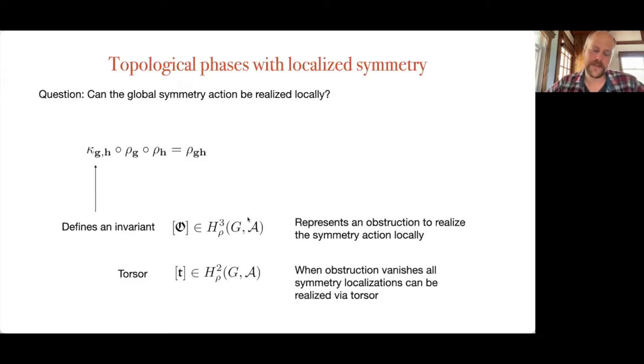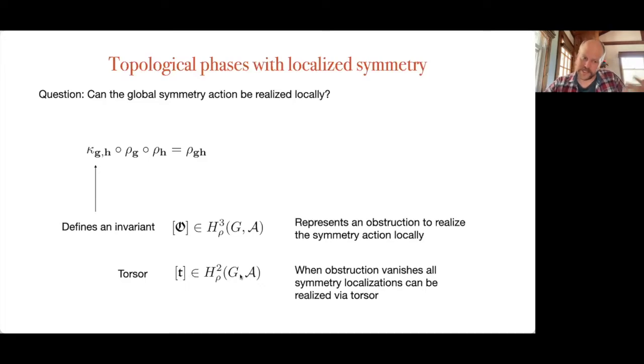So when this obstruction vanishes, meaning when O is trivial in H3, or when O is a co-boundary, then we can find all other ways in which the symmetry fractionalizes on the particles via an H2 torsor. So there's a torsorial classification, which can be realized by just finding all the elements of this cohomology group here.